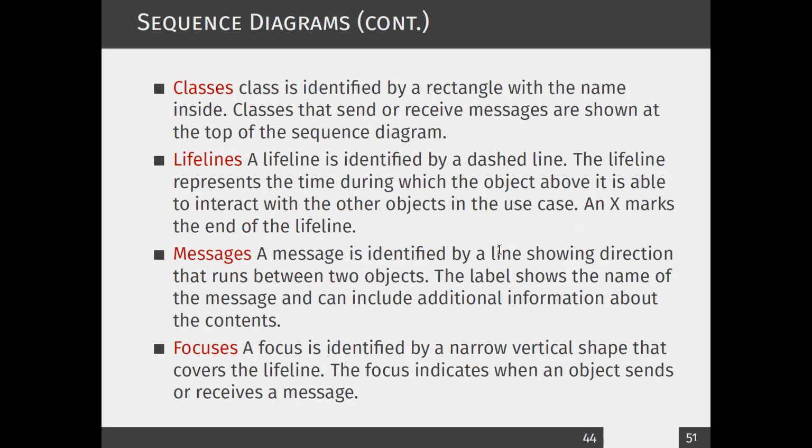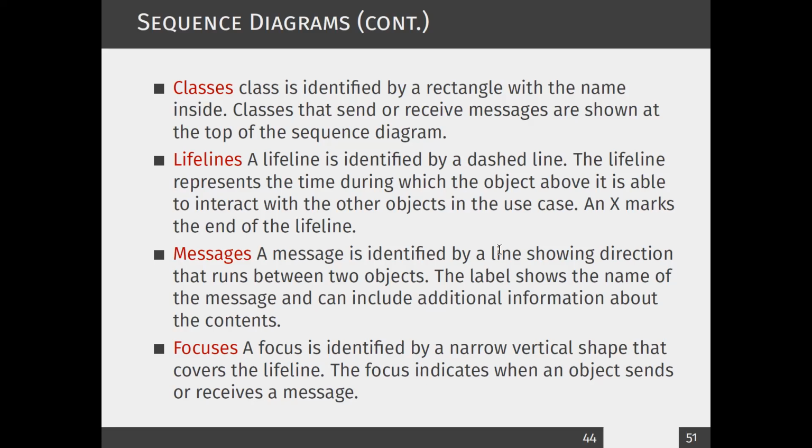Then there is message passing in between. Messages we identify using a line, and the arrow shows you the direction, right? And then you can have a message label. That label shows you the name of the message, so it can talk about what is there.